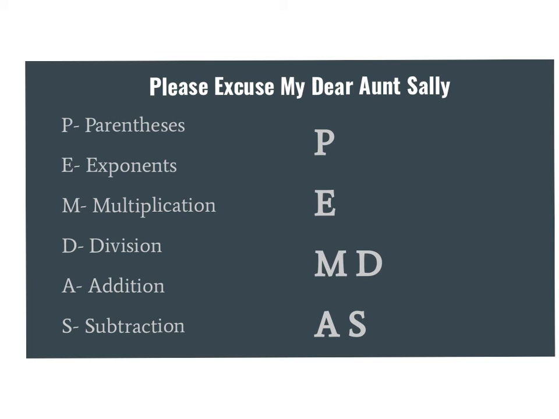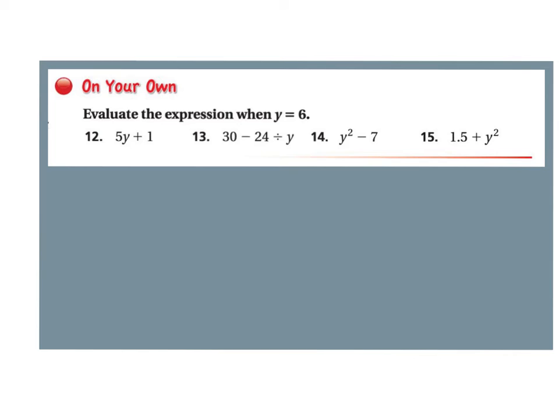So as a reminder, when you have more than 2 operations, you still have to use the order of operations of please excuse my dear Aunt Sally. You do everything in parentheses first. Then you do exponents. Then you do multiplication and division from left to right. And then you do addition and subtraction from left to right. So there's a quick reminder of the order of operations.